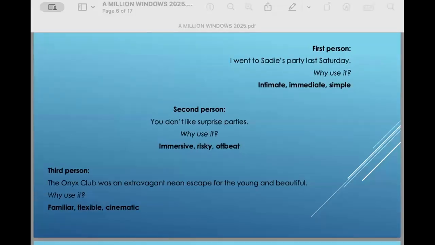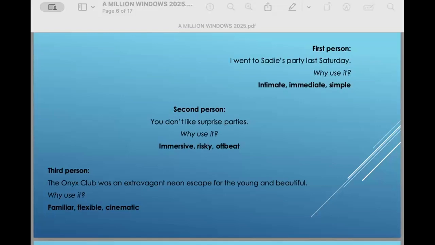Like, for example, "You don't like surprises. You don't like surprise parties, Anthony, but here you are at a surprise party and you're turning 40, 50, whatever it is." So we use it because it is kind of immersive. It's a very risky viewpoint, and it sort of creates a nice offbeat tone to the story.